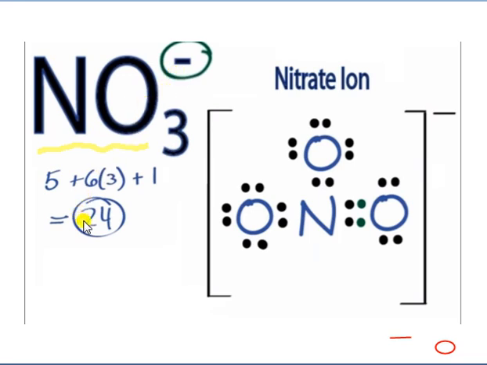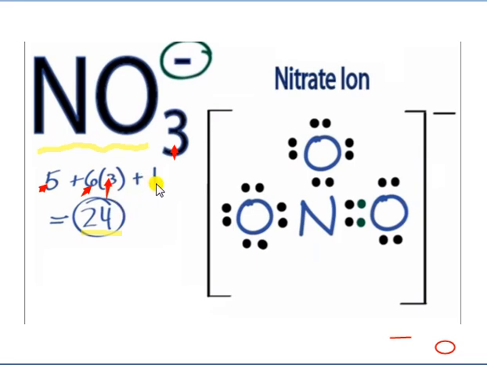First, you have to calculate the total number of valence electrons. Nitrogen has 5 valence electrons, so it is written here as 5. Second is 6 for the oxygen atom because it contains 6 electrons in its valence shell, the outer shell orbital. The 6 will be multiplied by 3 because there are 3 oxygen atoms.